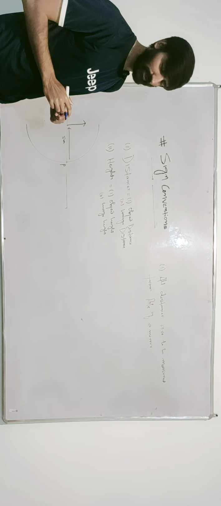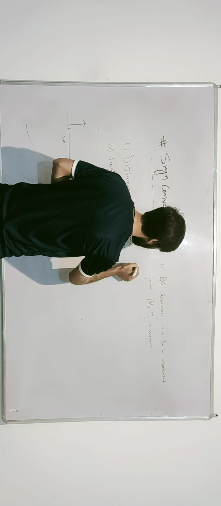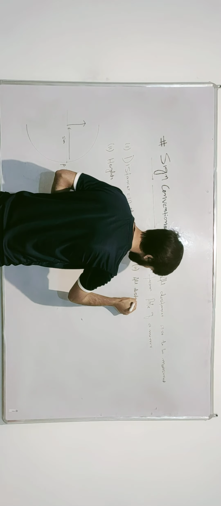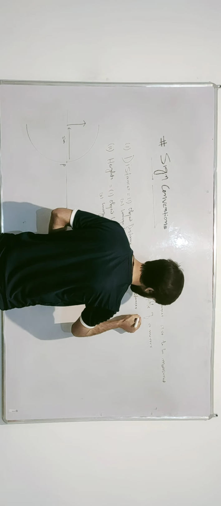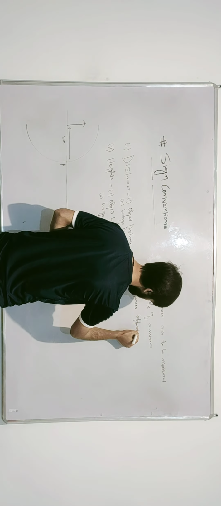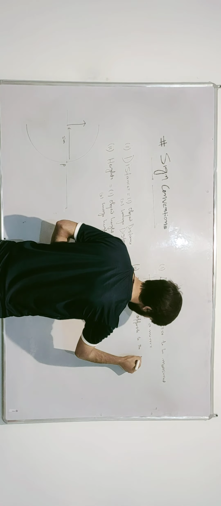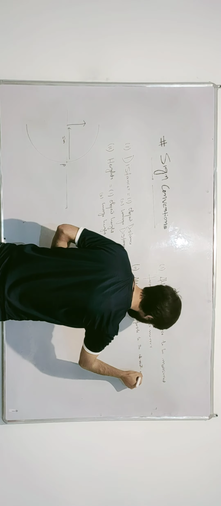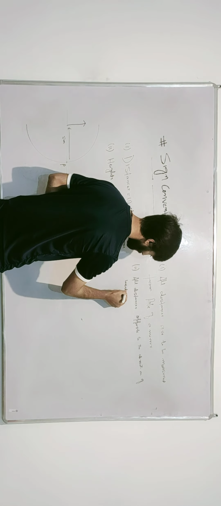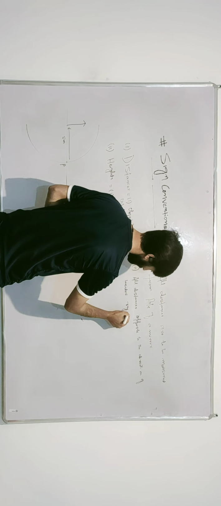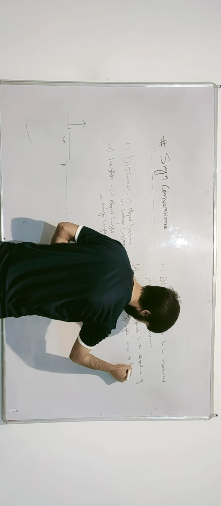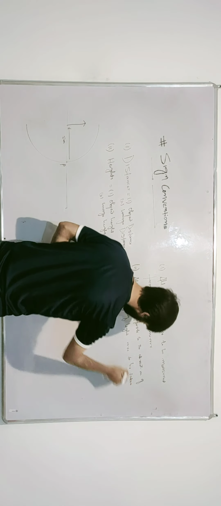Now coming to convention number 2. Convention number 2 says all distances measured opposite to the direction of the incident ray of light are to be taken as negative.